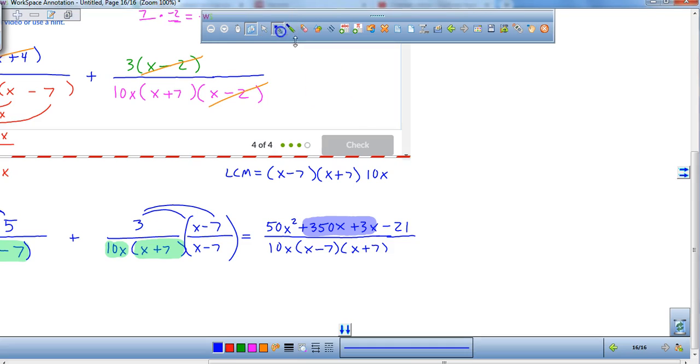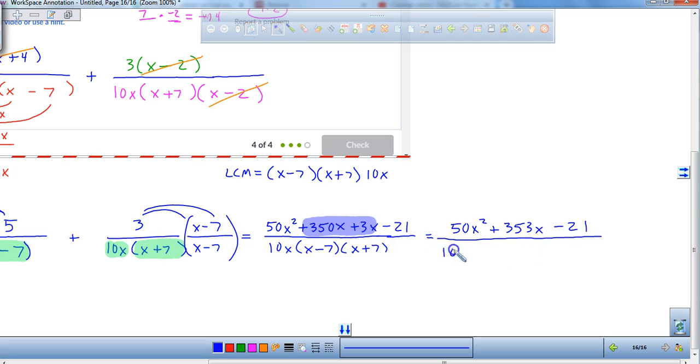All right, so let's see what we got. Looks like we have 50x squared plus 353x minus 21 all over 10x, x minus 7, and x plus 7.